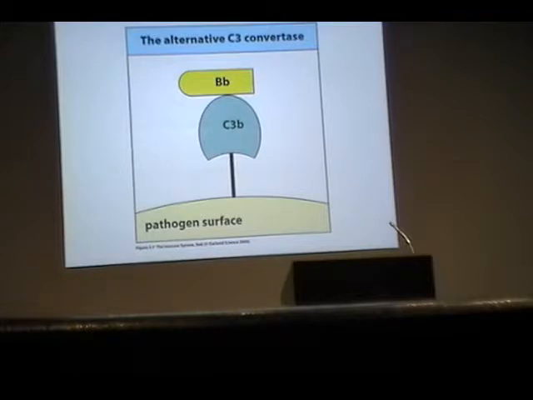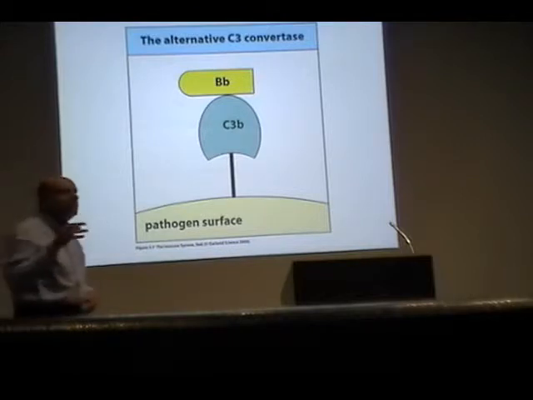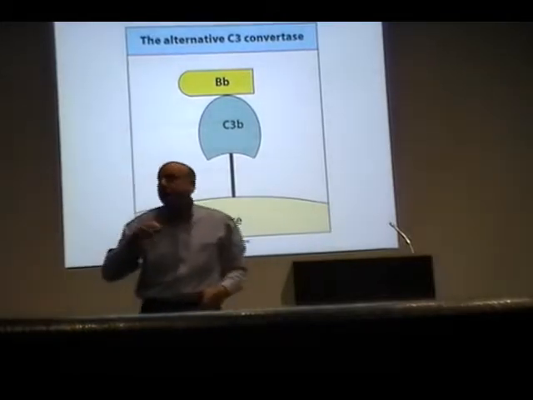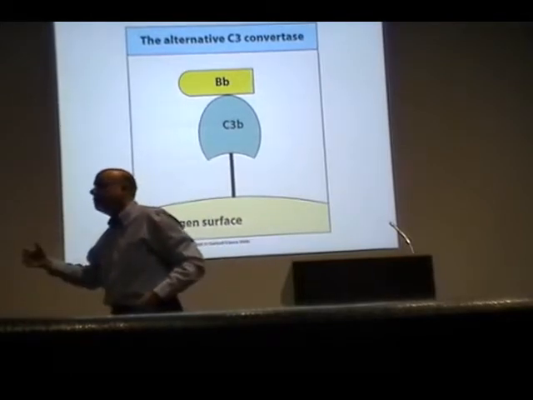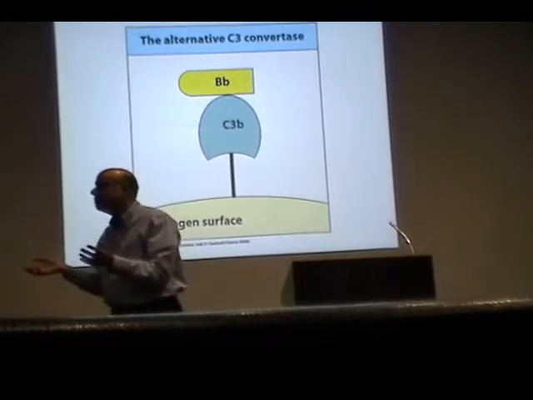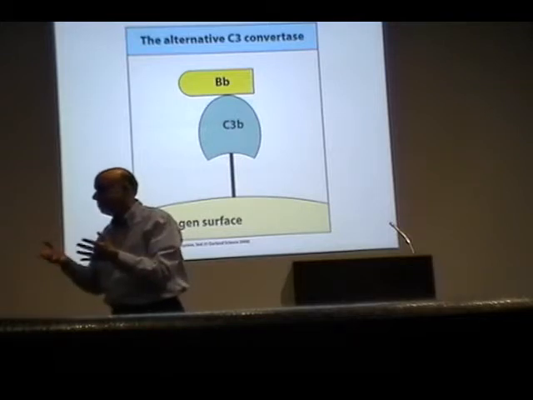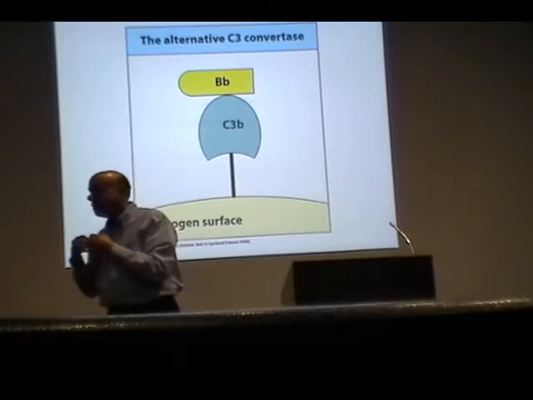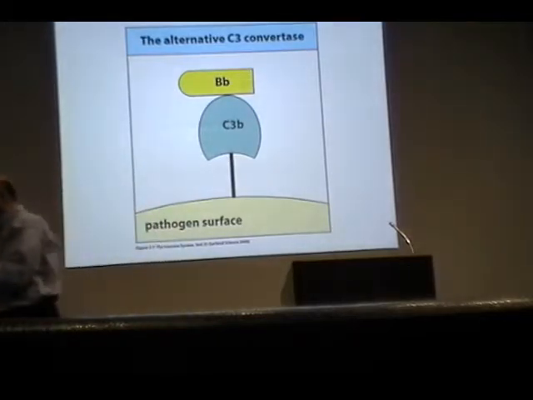If C3 flex has no bacteria to which it's bound, B may or may not find it. Remember, it's floating around in liquid. If B finds it first, then B will be cleaved, and you create this C3 flex BB, which is a convertase, but it's floating in liquid.